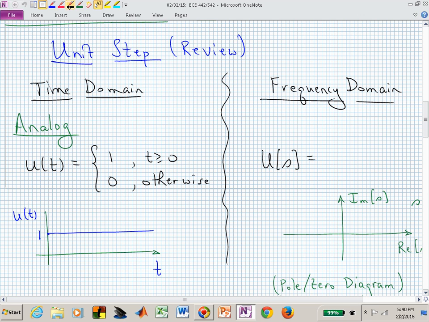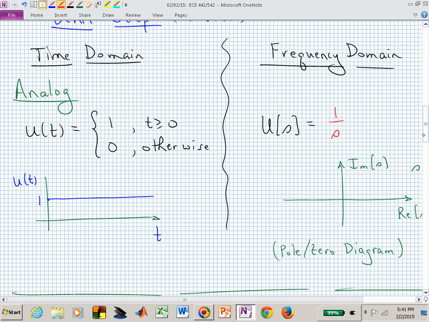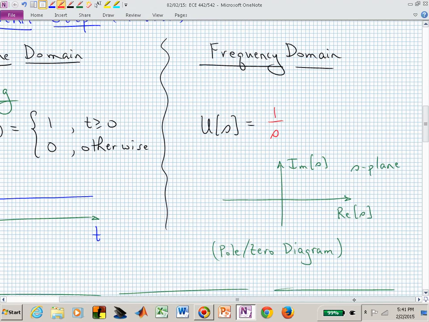I hope it's not that challenging. What's capital U of S if little u of t is the unit step? This is just 1 over S. Now, where do we plot? This is now an S-plane plot.